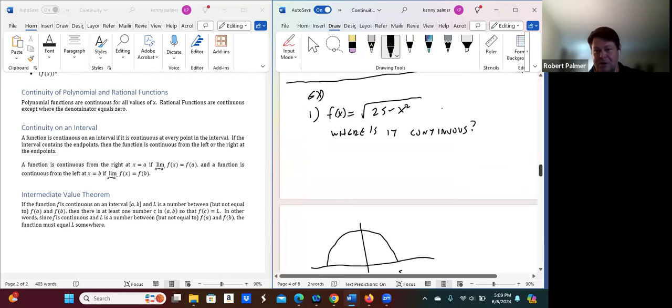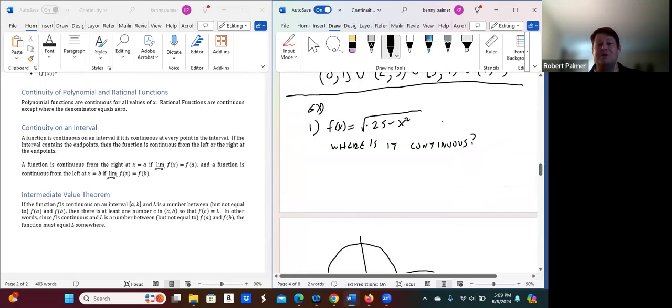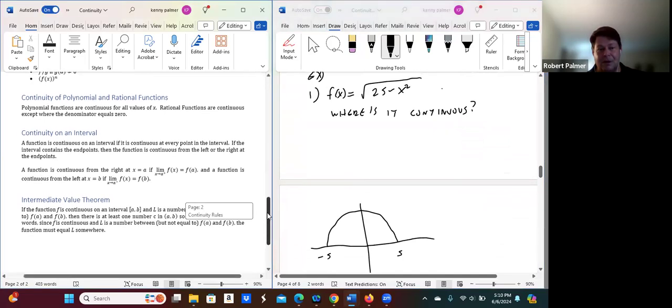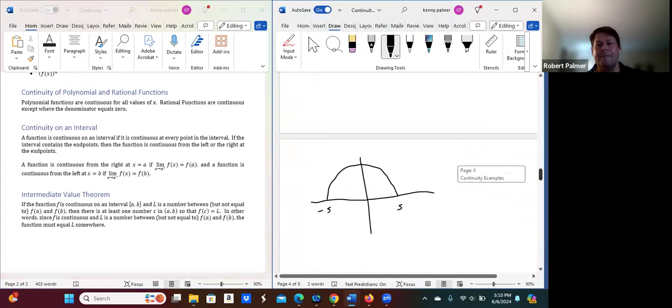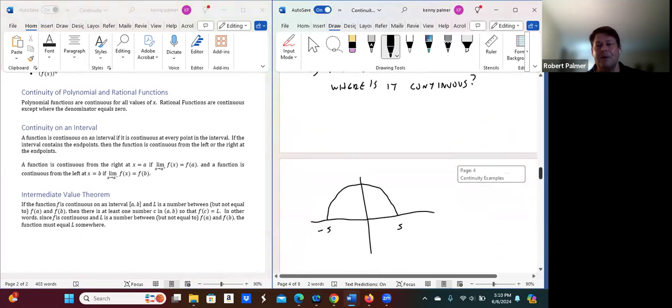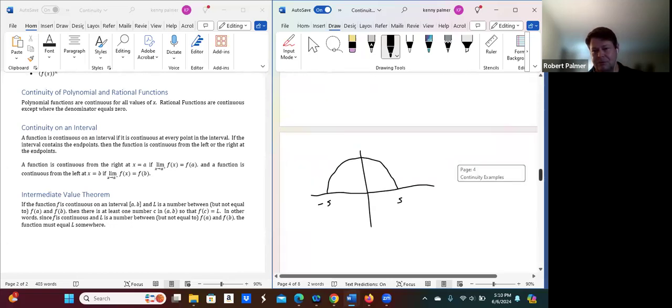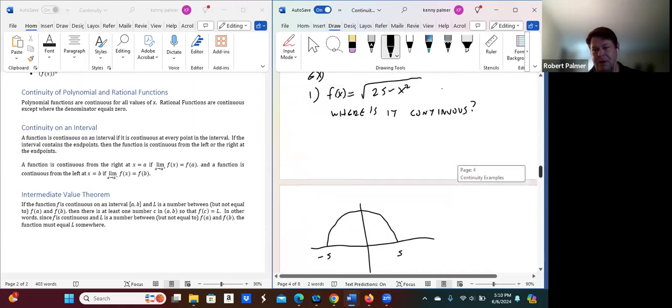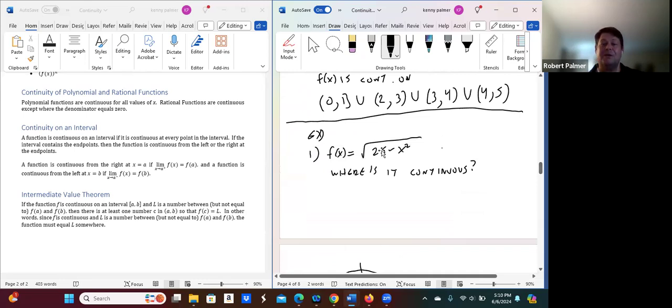Let's think about this. Since 25 minus x squared is a polynomial, that's continuous everywhere.